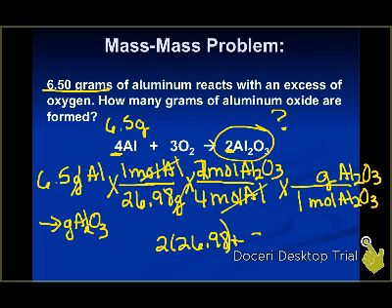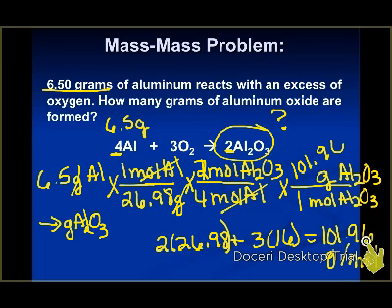So if you put this in your calculator, you do 2 times 26.98 plus 3 times 16, and we get an answer of 101.96 grams per mole.